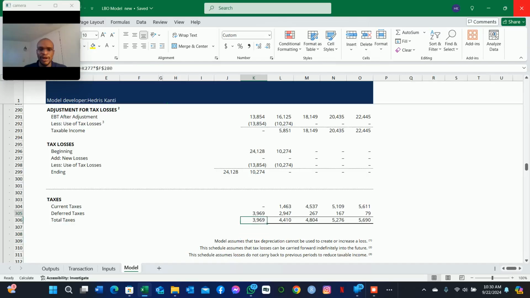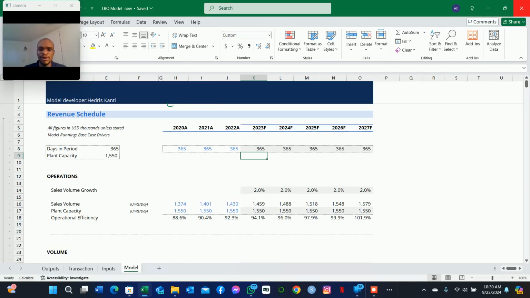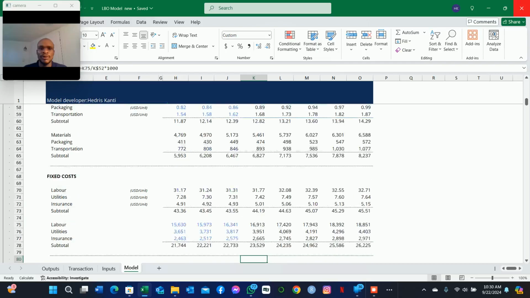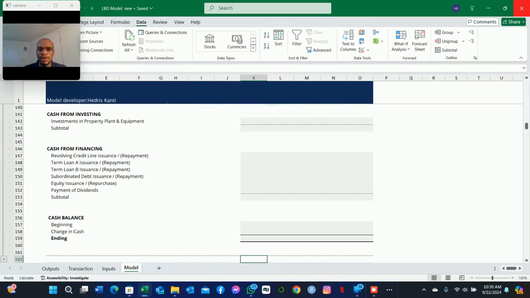So we can go back to our model, and we have to open all of the sections that we're going to be modeling. So we open all of the sections that we need to model. The cash flow statement, Alt AJ to open that section.